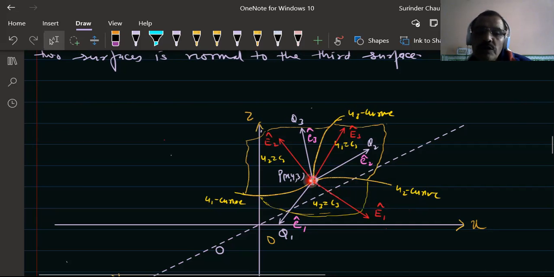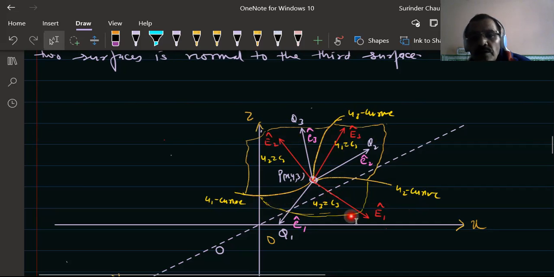Now the tangents along these are PQ1, PQ2, and PQ3. They are tangent along the curves. This is along the U1 curve, this is along the U2 curve, and this is along the U3 curve.